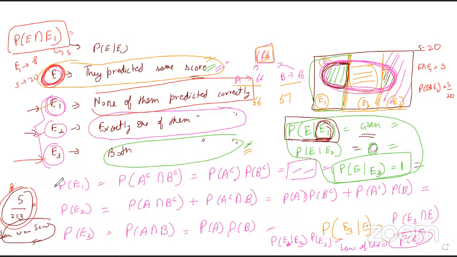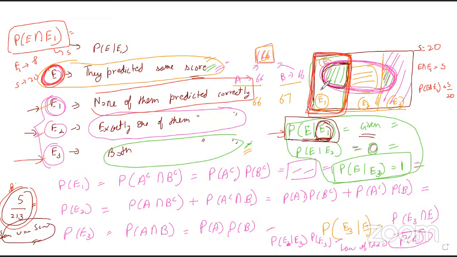So why is it wrong? Okay, see, you understood how we write this as E given even? Yes, sir, I got it. What is your event even? The event even is that none of them predicted correctly, right? Which is this one. So within this, now your new sample space is this, right?